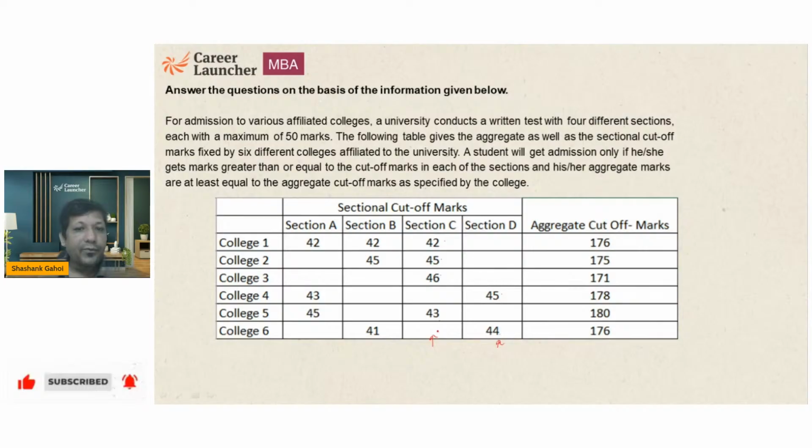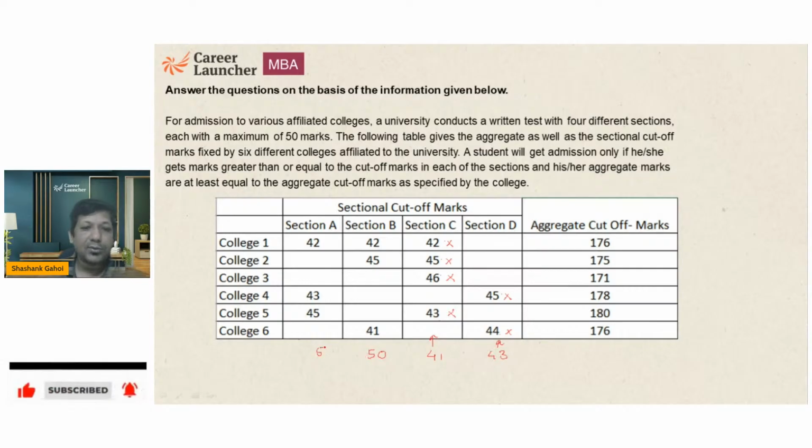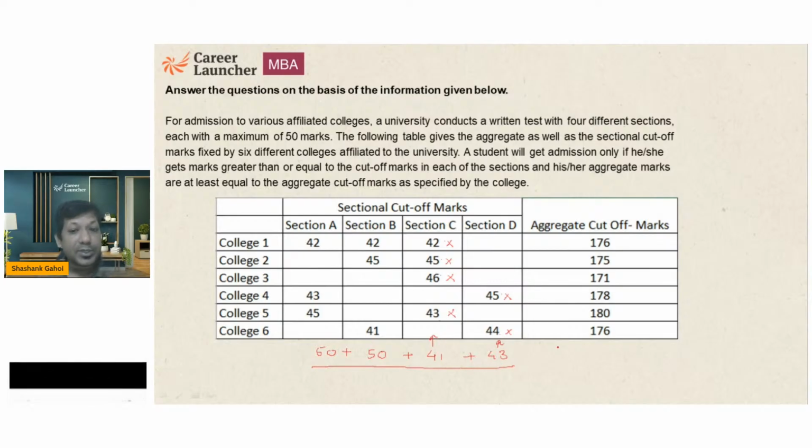तो अगर मैं 41 मार्क्स इसको दे दूं यहाँ पे, तो कॉलेज 1 चला गया, कॉलेज 2 चला गया, कॉलेज 3 चला गया एंड कॉलेज 5 चला गया। और यहाँ पे 43 मार्क्स दे दूं तो ये कॉलेज भी चला गया, ये कॉलेज भी चला गया, उसकी कॉल कहीं से नहीं आ रही। अब यहाँ पे अगर मैं उसको 50 मार्क्स दे दूं और यहाँ पे भी उसको 50 मार्क्स दे दूं, तो कॉल तो उसकी तब भी नहीं आनी। सो even if this is the marking scheme that the person is getting, still that person is unable to get any calls.